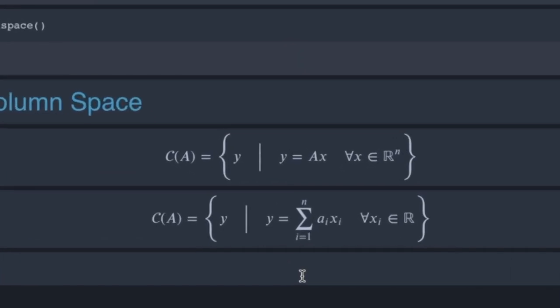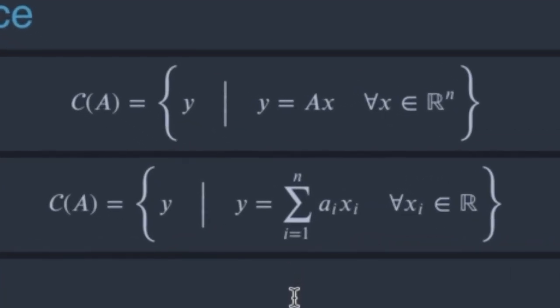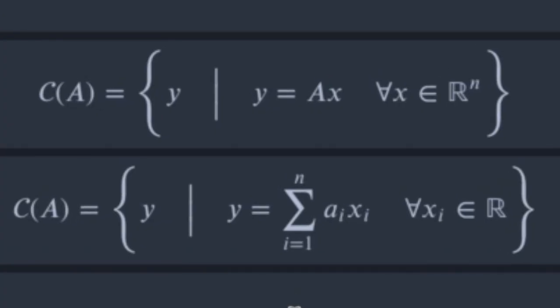Suppose my A contains columns denoted by A1, A2 up till An, and similarly, vector x contains scalars denoted by x1, x2 up till xn. Well, see all those linear combinations? They're the ones that are producing all the possible y vectors that lie in the column space of A.